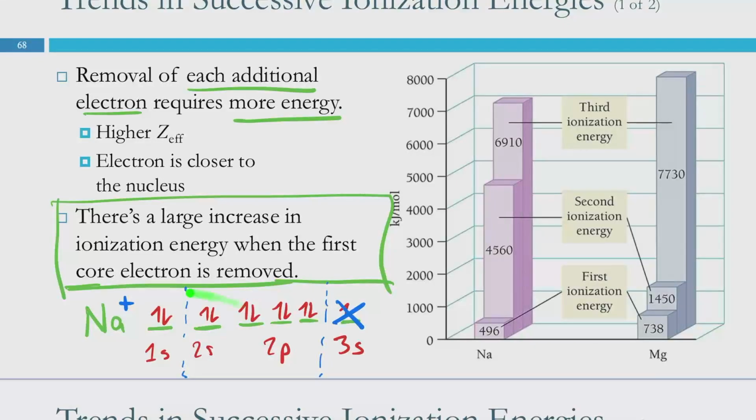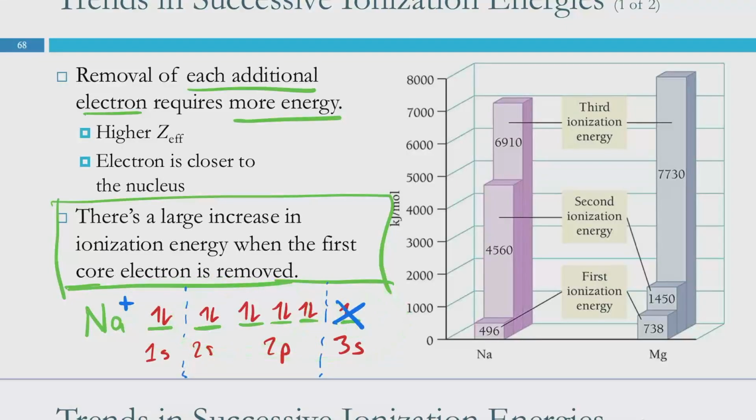Yeah, so these 1s electrons are very stable because we've got sodium, we've got 11 protons. There's a really strong force between our 1s electrons and our sodium. When we move to our 2s and our 2p, we're adding those outside. They've got lower effective nuclear charge because of the shielding of these 1s electrons, so they're not held quite as tightly. Our 3s is shielded by all of these.